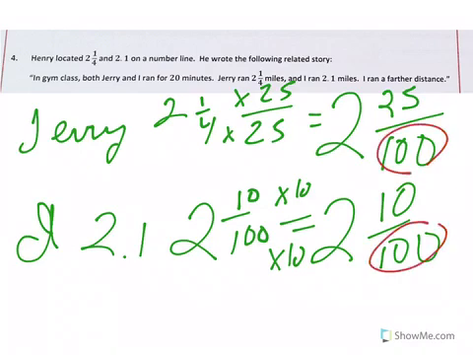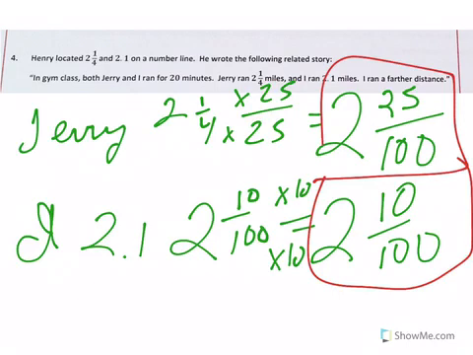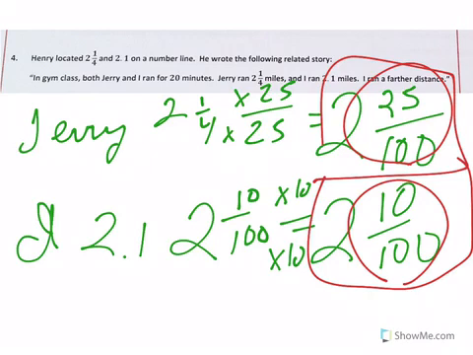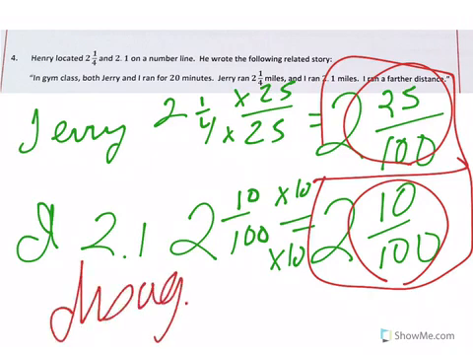Since we have the same denominators, we can compare them, apples to apples, right? So they both ran 2 miles. Then I ran 10/100ths of a mile, and Jerry ran 25/100ths of a mile. So he ran 15/100ths more than I did. So in this example, I would disagree because actually Jerry ran farther.